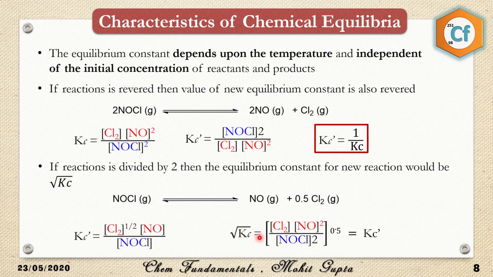Now if I take the square root of this Kc, I'll take the power 1 by 2. After doing so, I get Cl2 raised to power 1 by 2, NO raised to 2 into 1 by 2, which equals 1, and here also 2 into 1 by 2 equals 1. This way, Kc prime equals the square root of Kc.